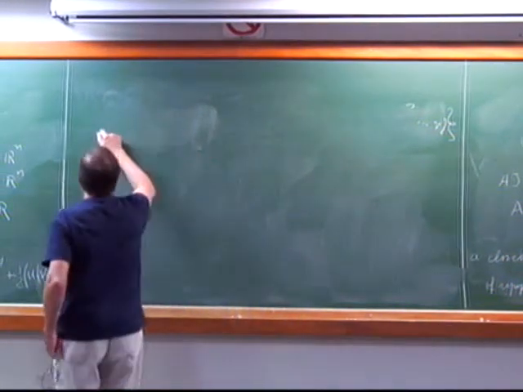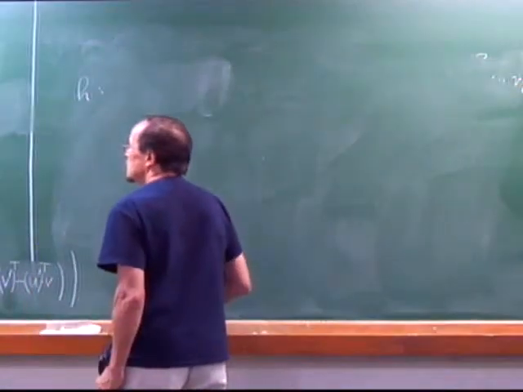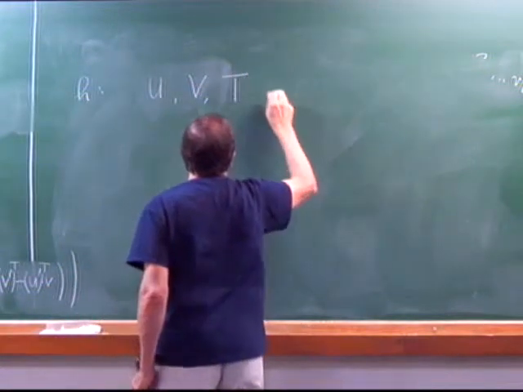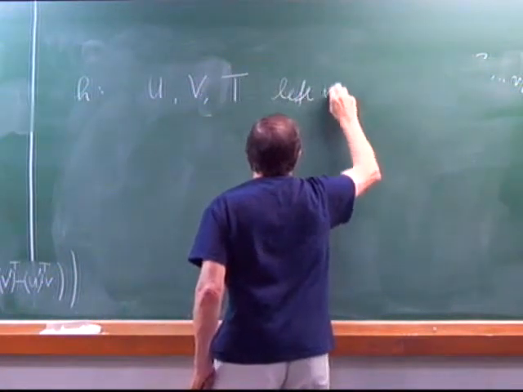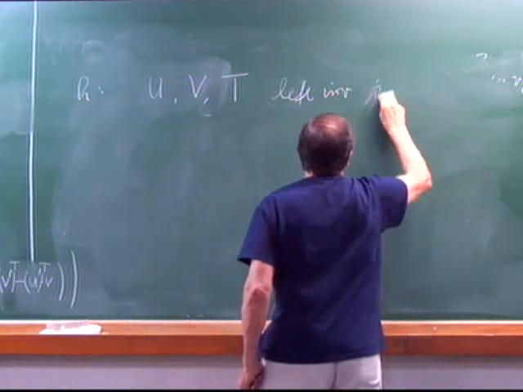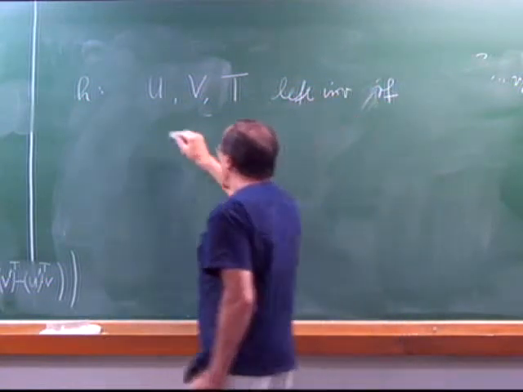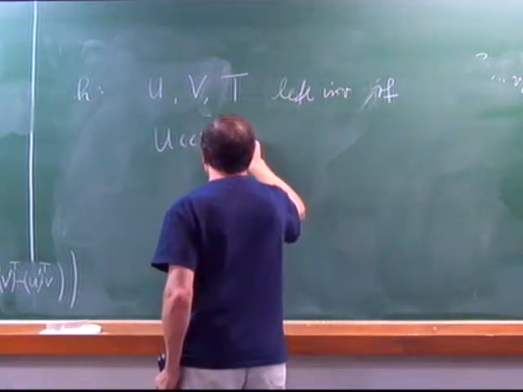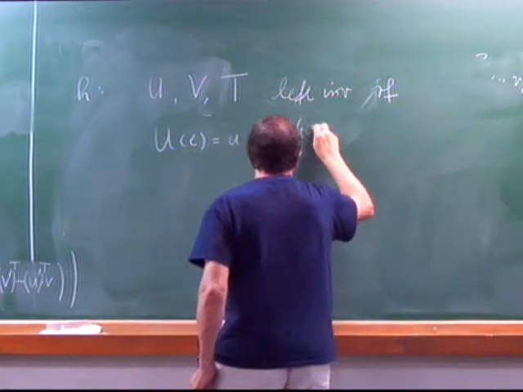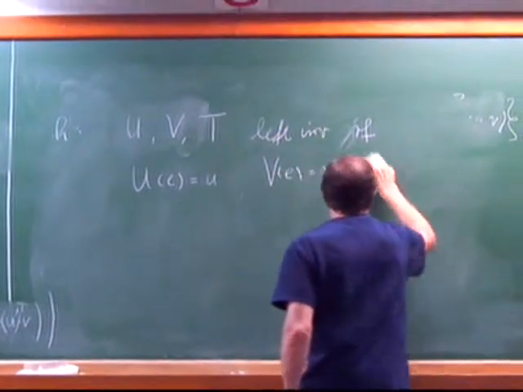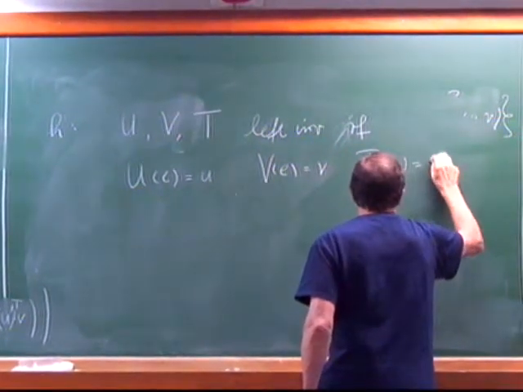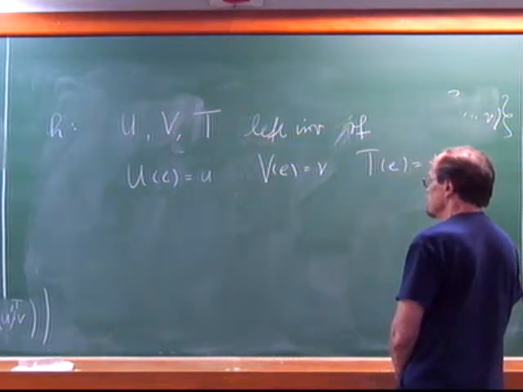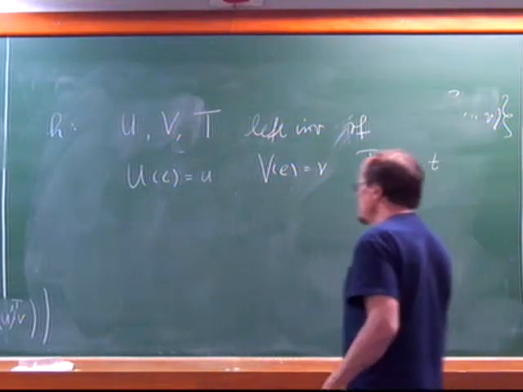You can look at the Lie algebra. So let me call capital U, capital V, and capital T the left invariant vector fields, which are, so U at the identity is little u, and so on. So then the Lie brackets look as follows.